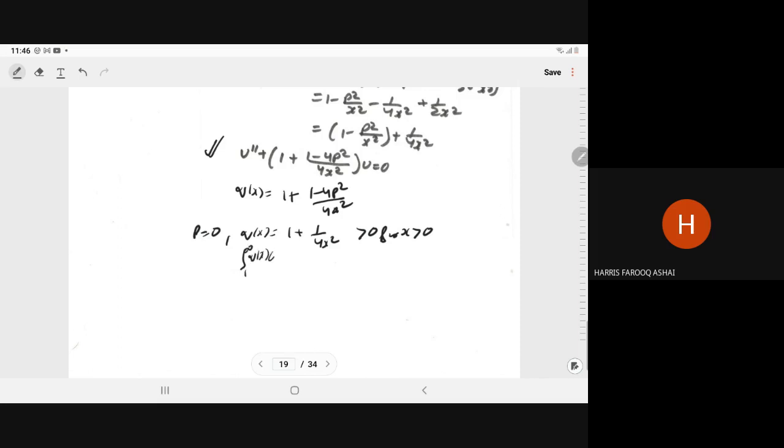of q(x) dx. So the integral of 1 plus 1 upon 4x square dx from 1 to infinity will give you x plus something, from 1 to infinity, that will give you infinity.